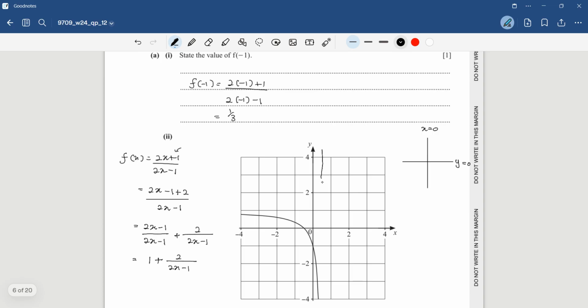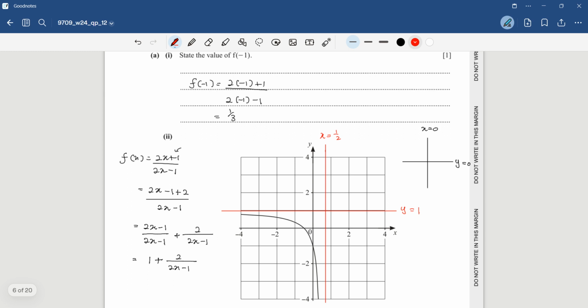So I just use another color, easier. So my x equal to 1 over 2 and y equal to 1 are the asymptotes, meaning the graph cannot touch or intersect these two lines.